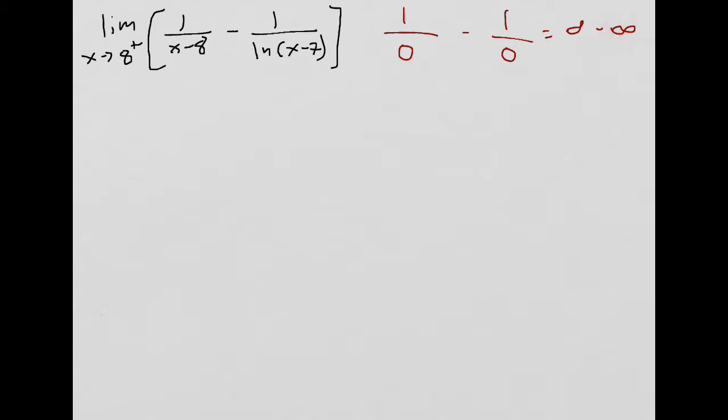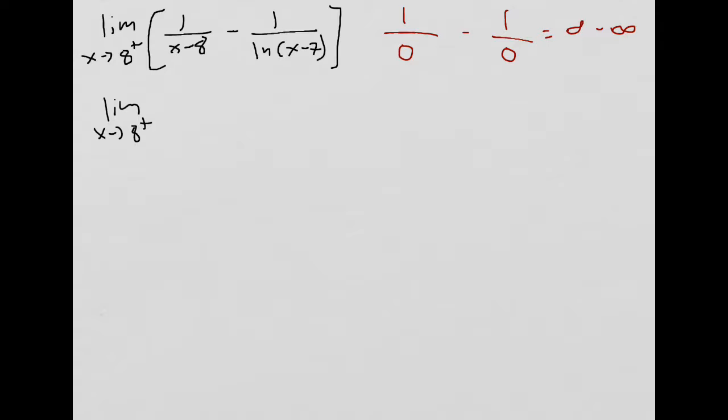So that tells us that we can do something with this, a little bit of algebra. What I'm going to do here is combine this all into one fraction. That's generally what we should try to do, because we want to get a fraction divided by a fraction, which is the indeterminate form that we want, 0 over 0 or infinity over infinity.